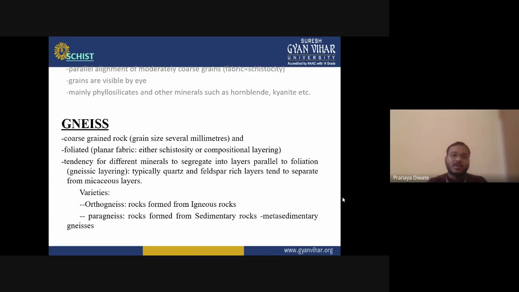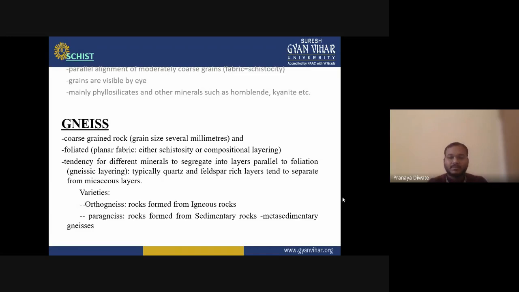Rocks formed under the subsurface have large crystal size. So you have a coarse-grained rock, with grain size of several millimeters, and foliated.